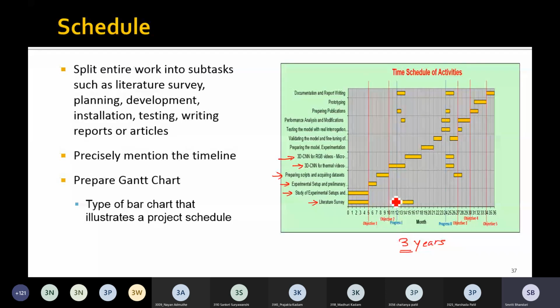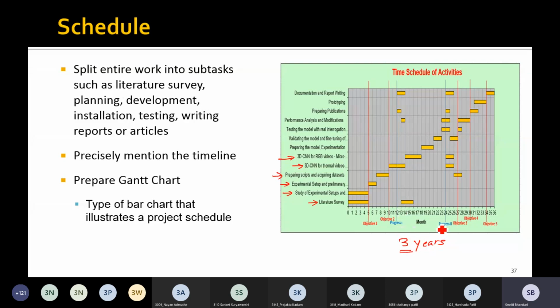To achieve objective number 1, we need to perform these tasks; to achieve objective number 2, we are supposed to perform these tasks. Likewise, in the Gantt chart you should also determine the timelines for achieving your objectives.